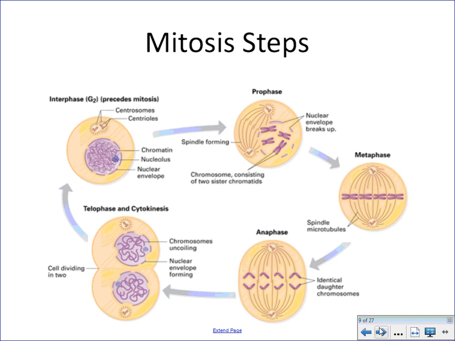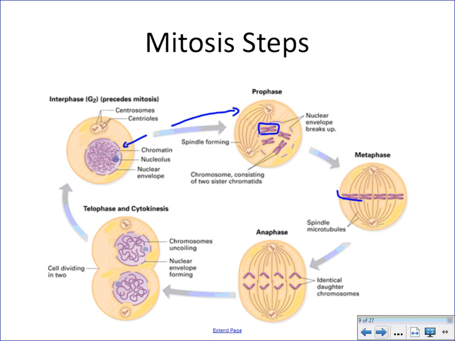So this picture just gives an overview of the different steps in mitosis. Basically, you're starting with interphase, where the DNA is unwound and uncondensed. And as it enters into mitosis, the DNA now condenses into those chromosomes.